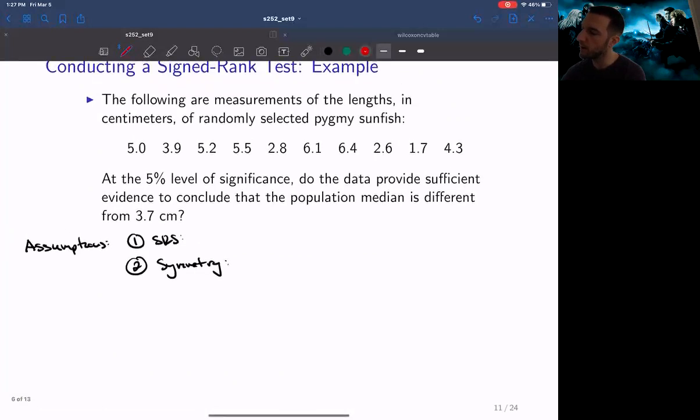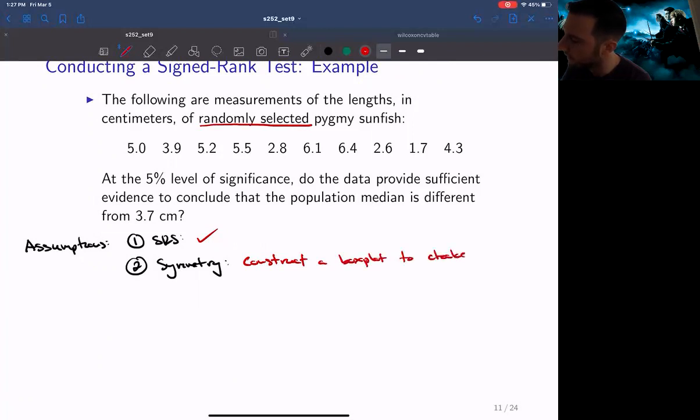Okay, so we have a randomly selected set of pygmy sunfish. So we can assume that the simple random sample assumption is intact here. So we're told they are randomly selected. Now for symmetry, what we could do, for example, is construct a box plot to check for symmetry.